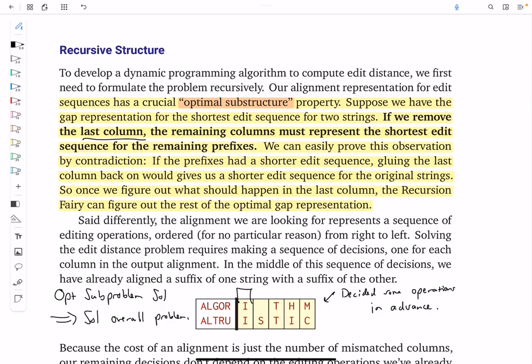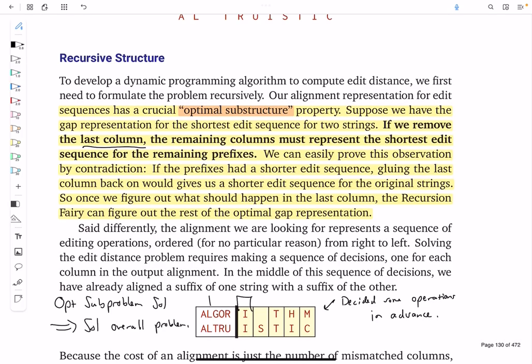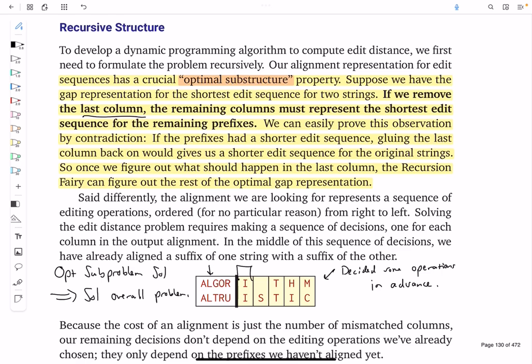Okay, so we can also prove this directly by contradiction. So if you could have a shorter edit sequence for the subproblem, well then just glue that edit sequence to the rest of the edit sequences, and we get a shorter edit sequence overall. And again, it's just because the cost, or the number of edits, is computed by adding.